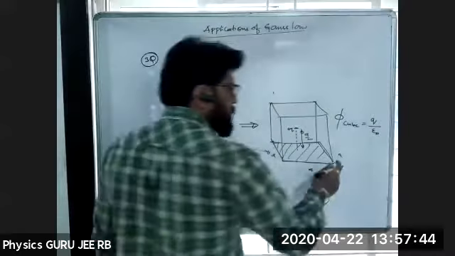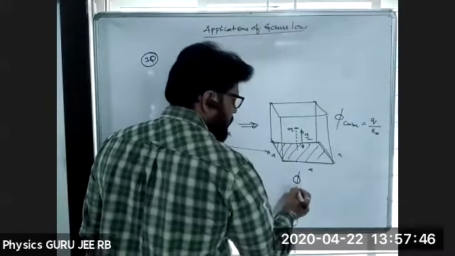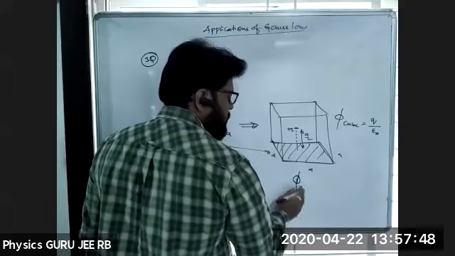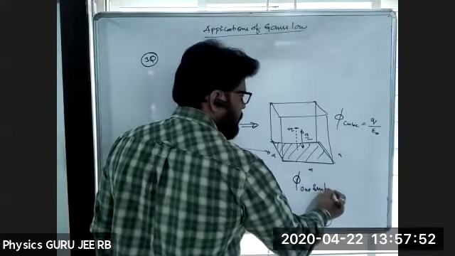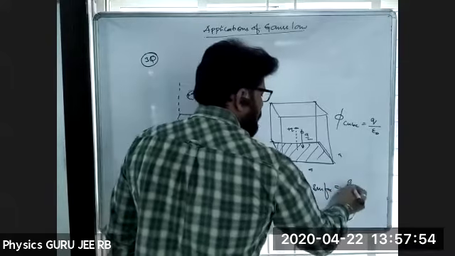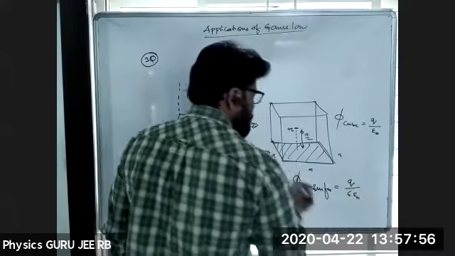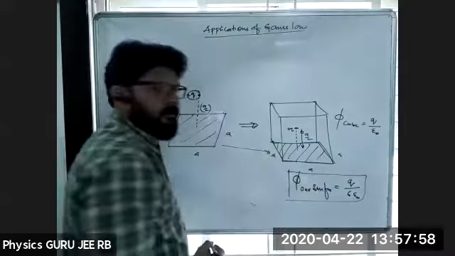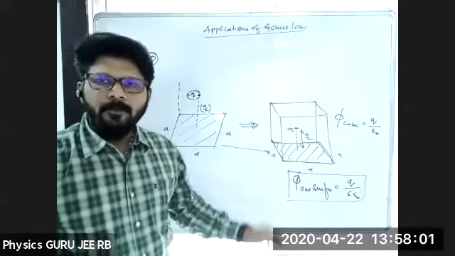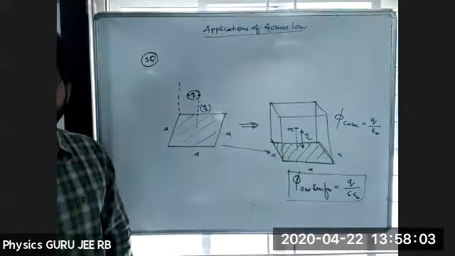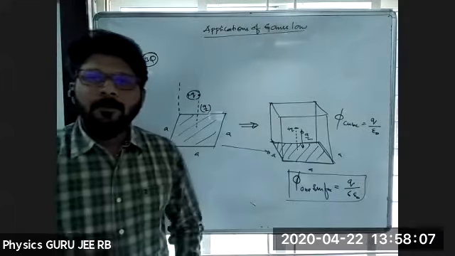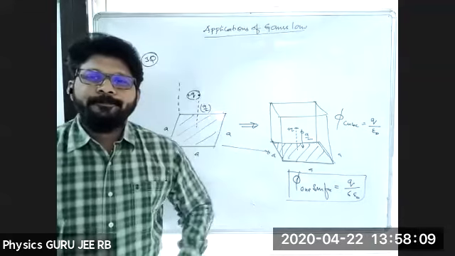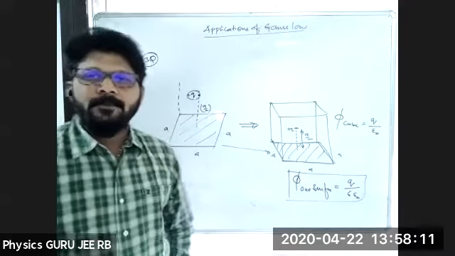So that means the flux through one surface equals Q by 6 epsilon naught. Hope you understood this one. All of you? Yes? No? You follow? Okay.